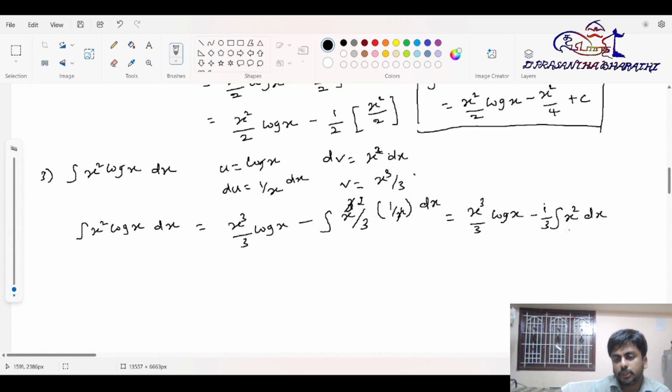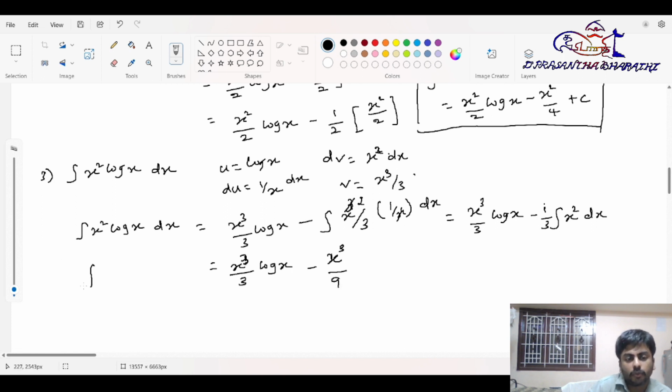So since you are having the integral symbol here, you have to go for one more iteration in integration, so that you are getting x cube by 3 log x, then minus 1 by integration of x square is x cube by 3, so x cube by 9.